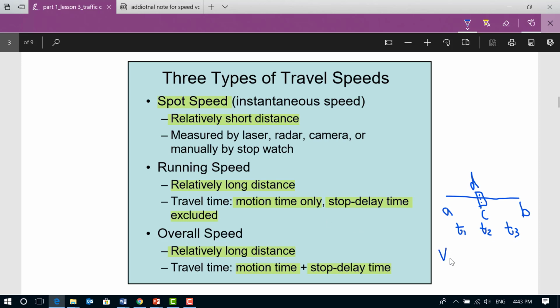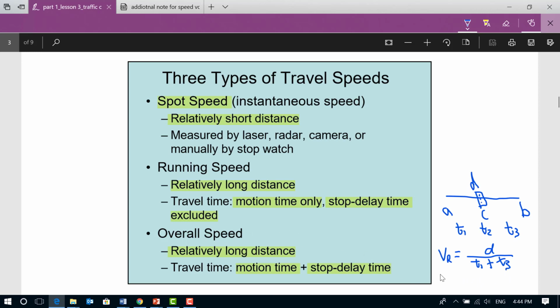The running speed VR will be equal to what? VR includes just the motion time, so it will be d divided by t1 plus t3, because the stop and delay time is not included.